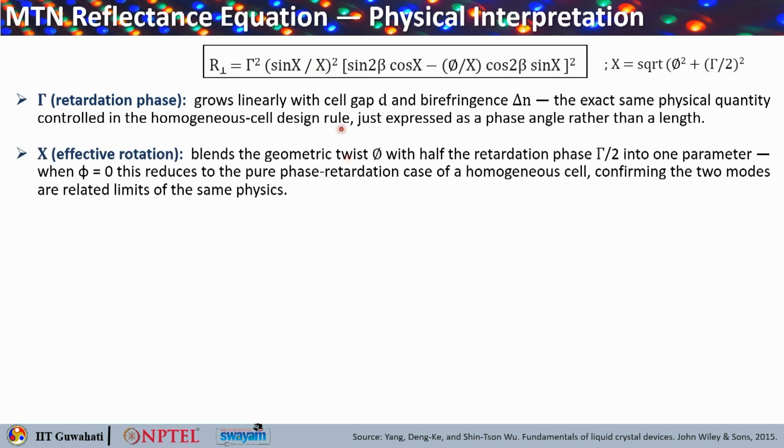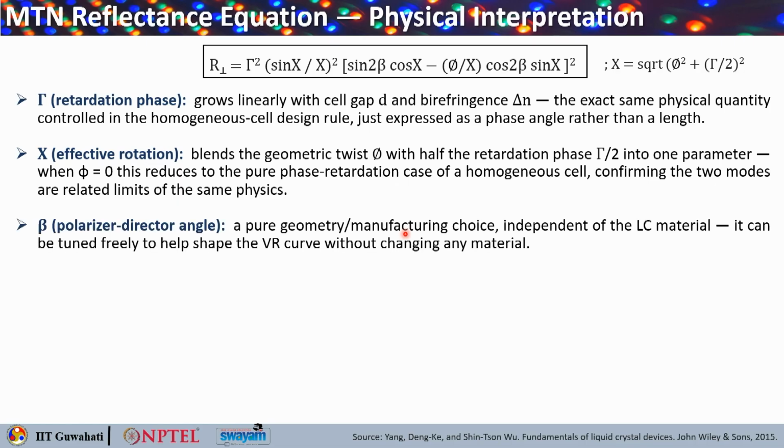X on the other hand shows you the effective rotation that blends the geometric twist phi with half the retardation phase into one parameter. So, you can see when phi is 0, this reduces to the pure phase retardation case of a homogeneous cell, confirming that these two modes are related limits of the same physics.